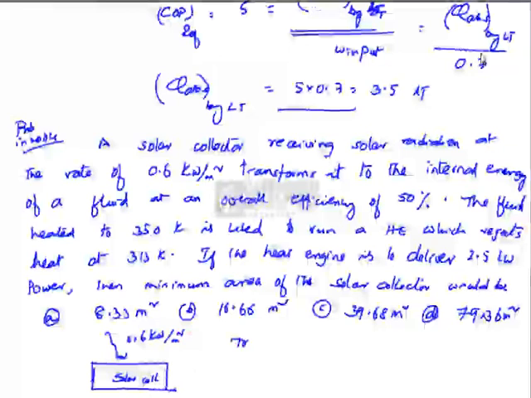Therefore, total heat received is equal to 0.6 into area of the plate, so many kilowatts, because it is transforming the total energy received into internal energy of the fluid with an efficiency of 0.5.